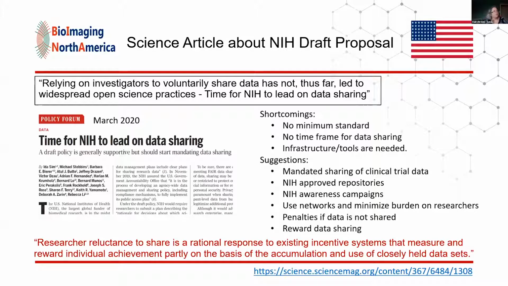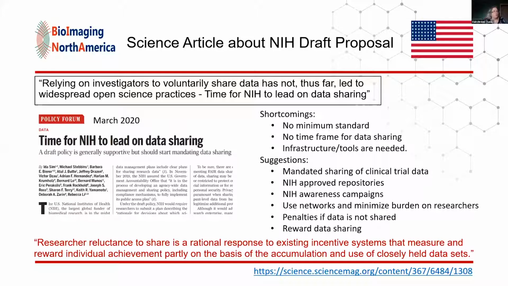When I was doing my research for this presentation, I came across this publication that came out around the time of the draft policy from NIH, from a group of researchers in clinical trial research. And they bring up the point that we've been relying on investigators to voluntarily share data, but it hasn't really led to open science practices, at least not broadly across the community.